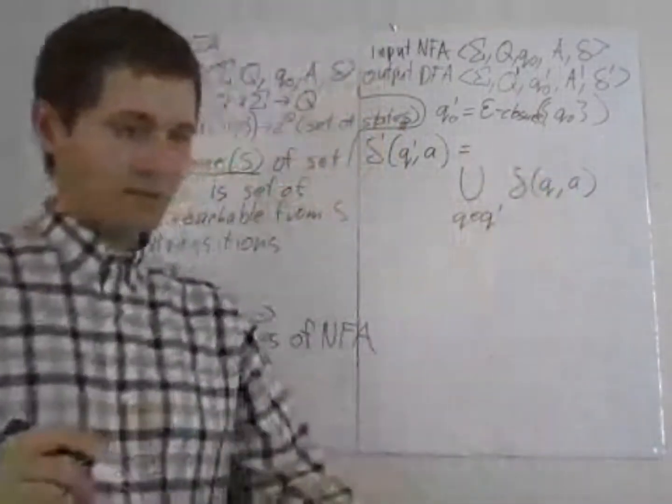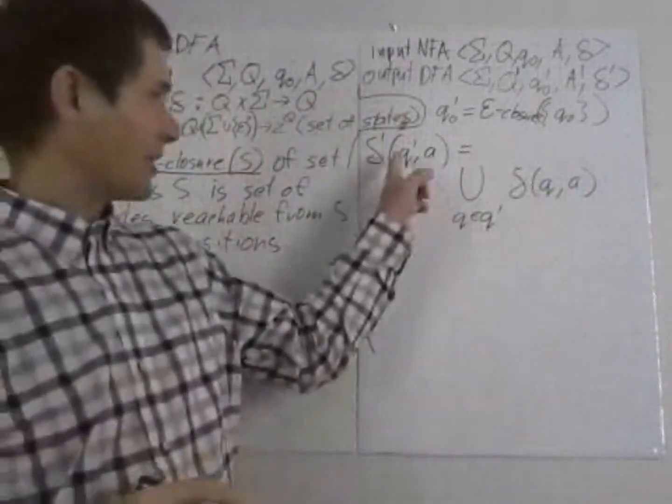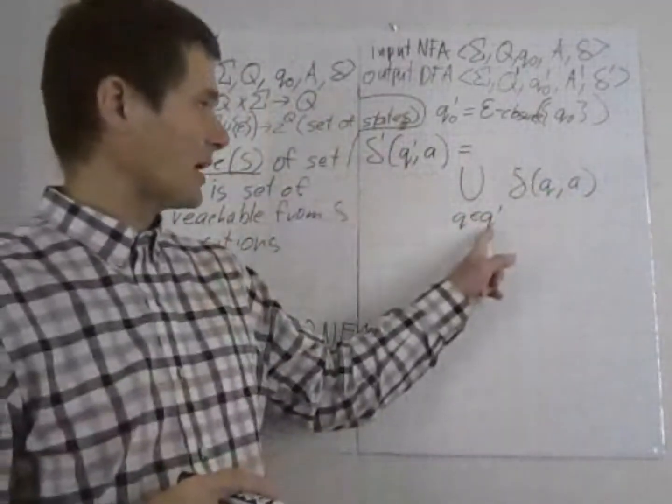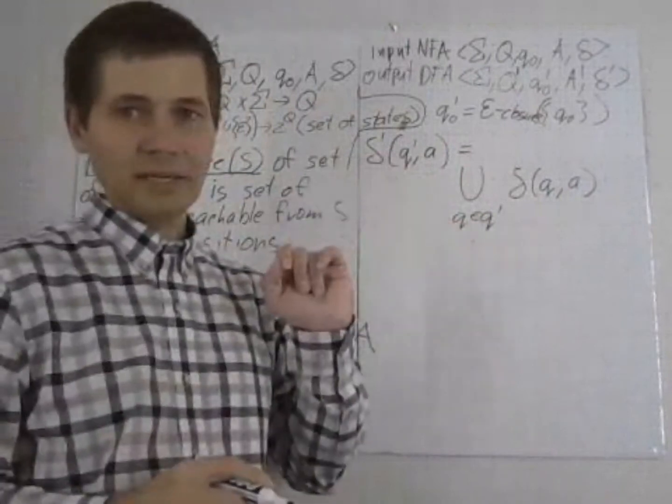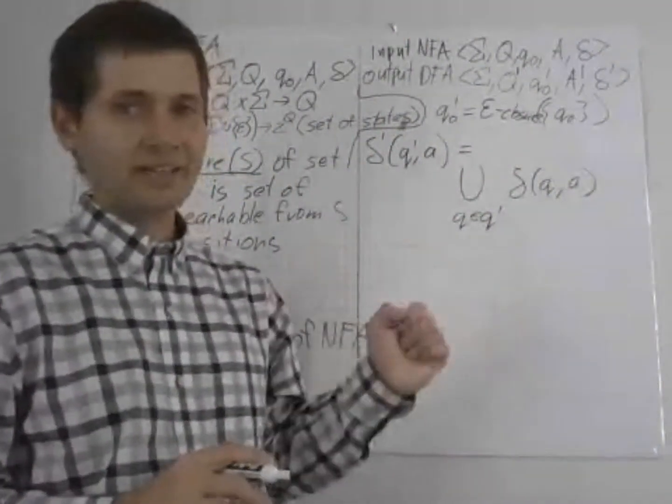And I'm going to take the union here, right? So I've got my set of NFA states Q prime. I'm going to look at each of those states, each state in that set.